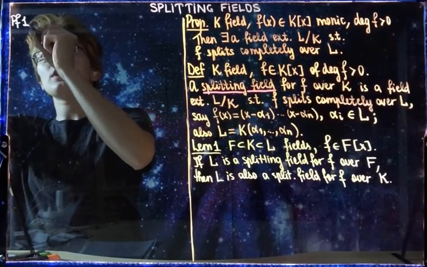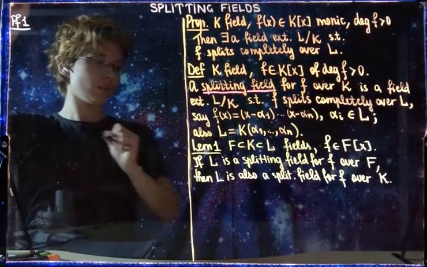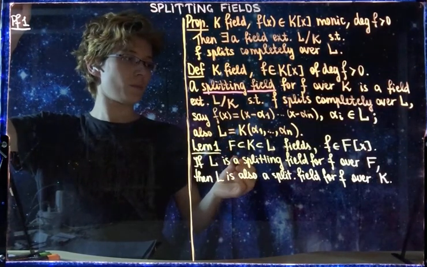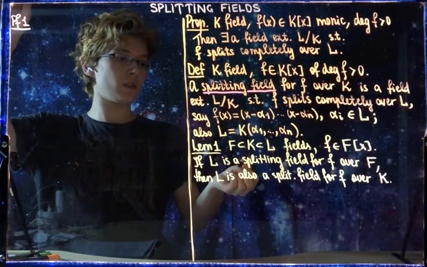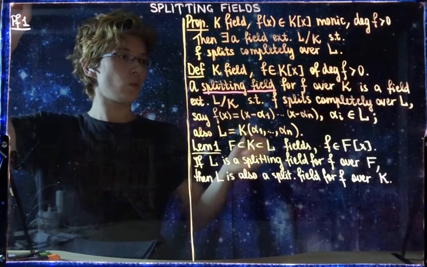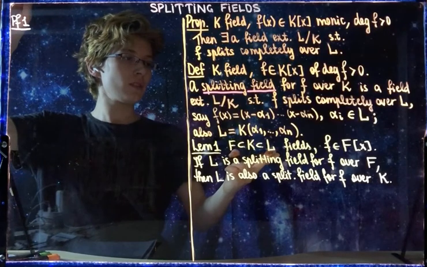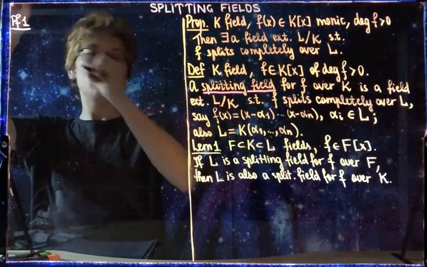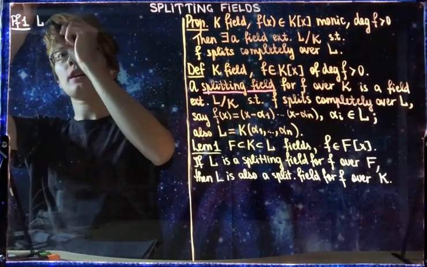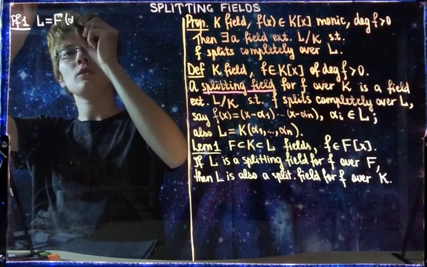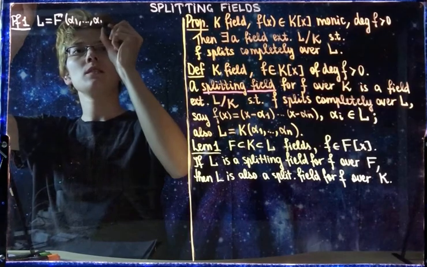The proof is rather tautological. We know that F splits completely into linear factors, and we know that L is equal to F adjoin alpha 1 through alpha n.